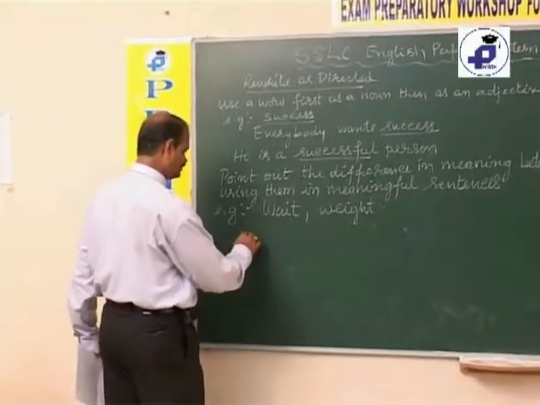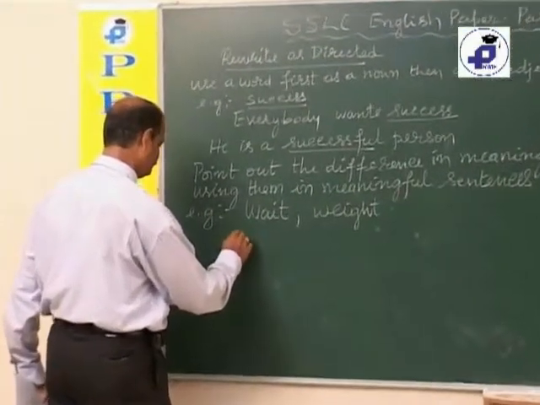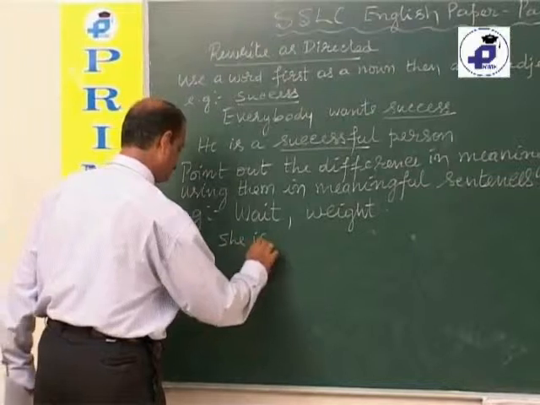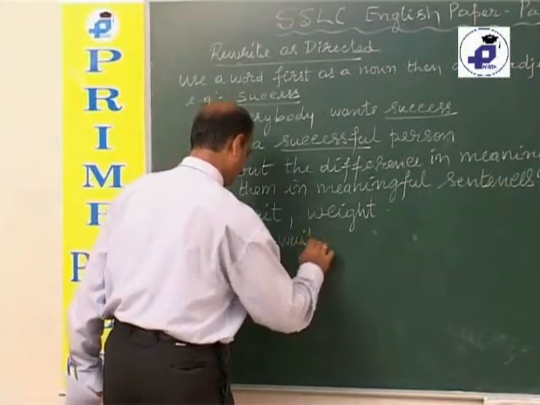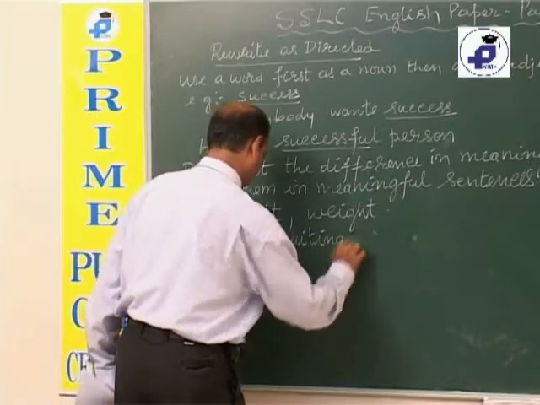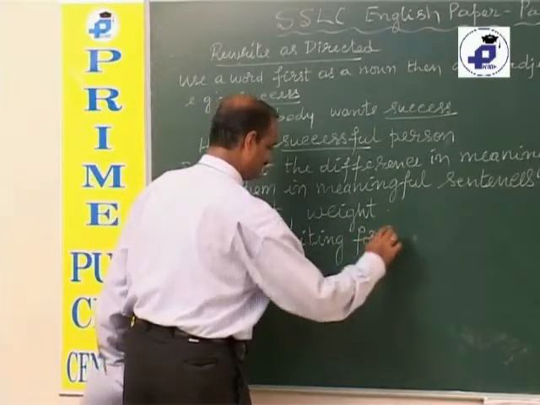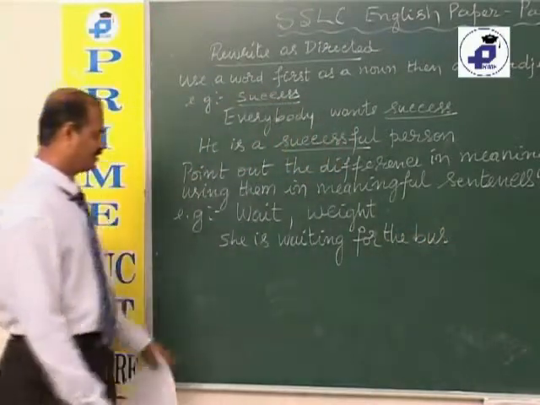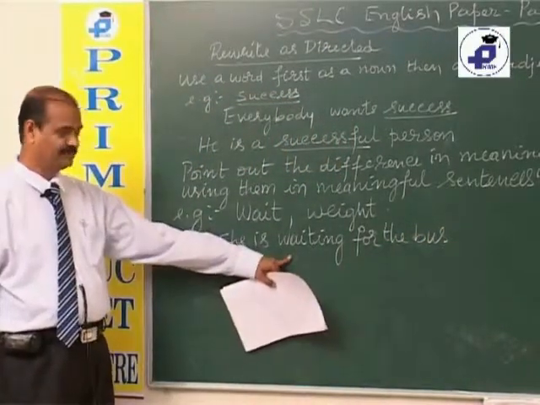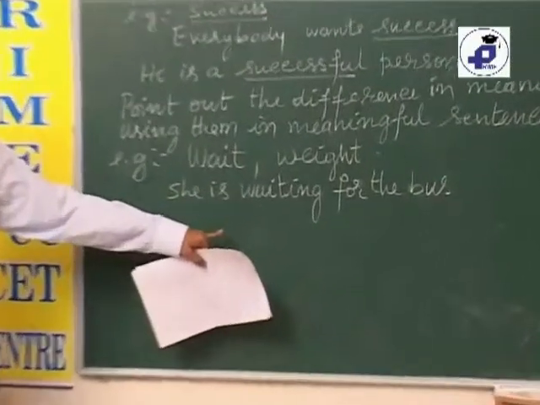Now, I'll write two sentences here. She is waiting for the bus. So here I have used the word waiting. The meaning is she is waiting for the bus.